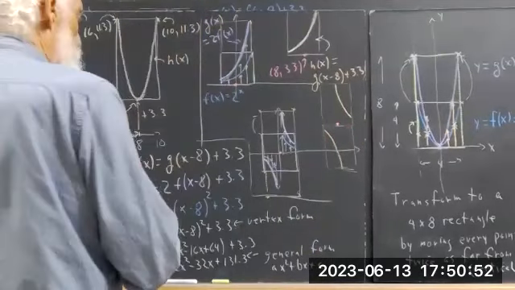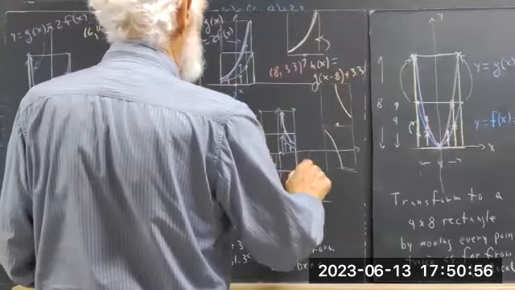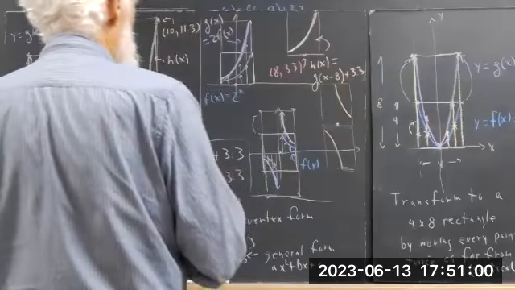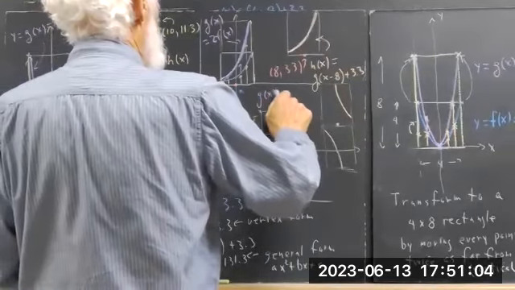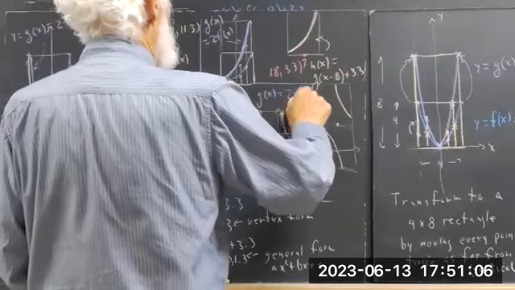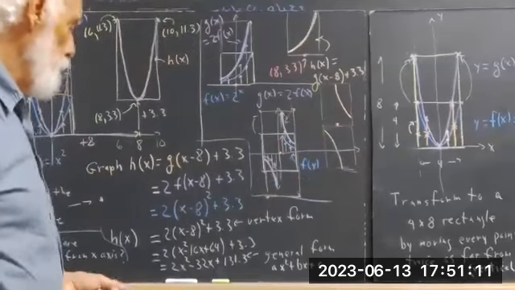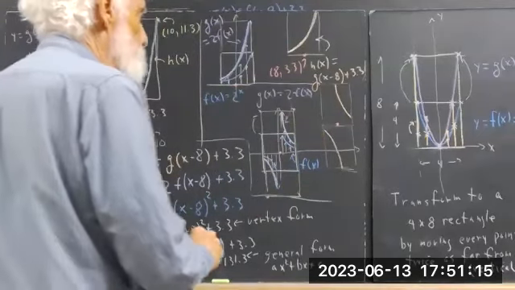So we have our f of x graph in blue, our g of x graph, which is still 2f of x here, and then our h of x.